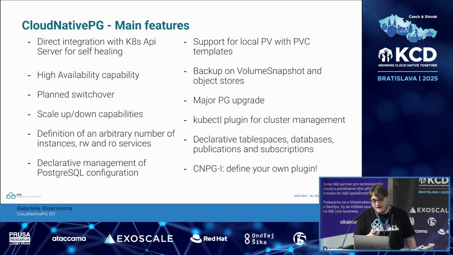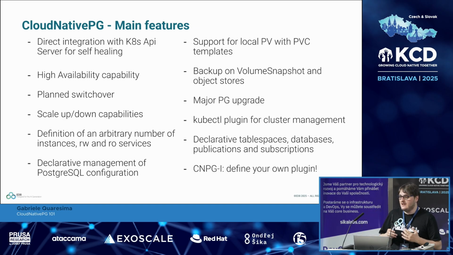This is a list of the main features like high availability, planned switchover, scale up and down capabilities, declarative management of PostgreSQL configuration, but also declarative tablespaces, databases, publication, subscription, and I can also add the pooler, the PgBouncer.